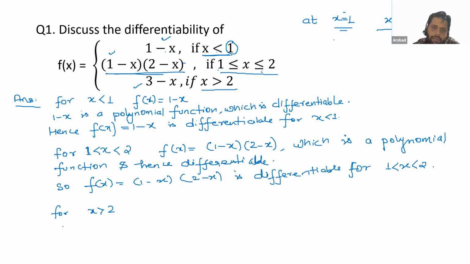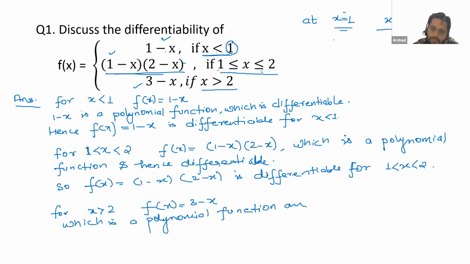Now the same thing for x greater than 2. For x greater than 2, f(x) is equal to 3 minus x, which is a polynomial function, and hence differentiable.